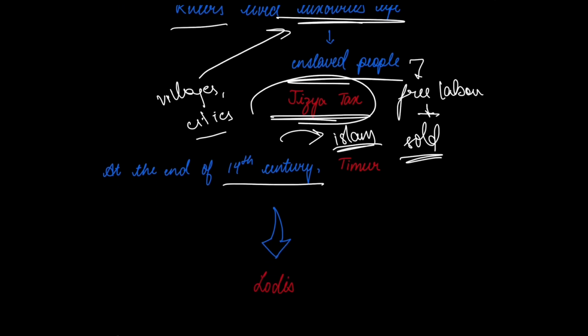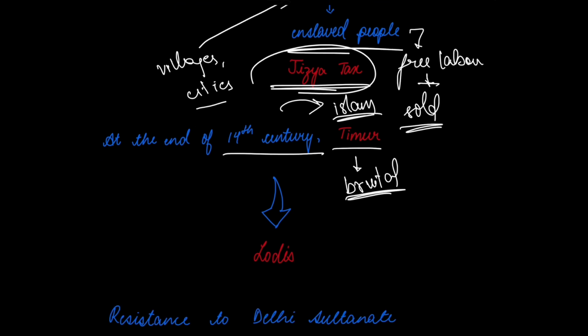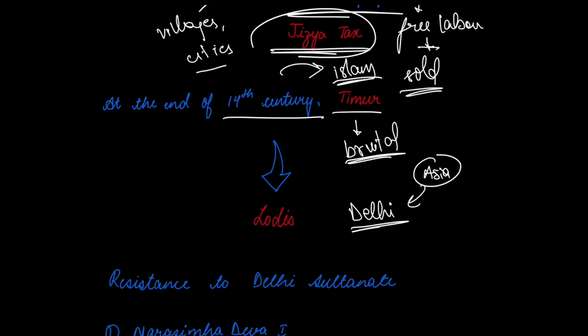And at the end of the 14th century came Timur, who was a brutal ruler, and he had most parts of Asia under his control, and he wanted to invade India from the northwestern side, and he attacked Delhi, and he had his own reasons.